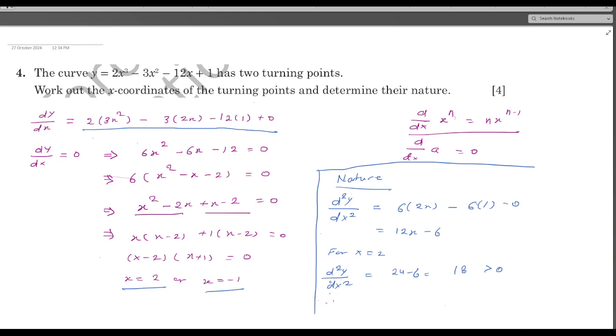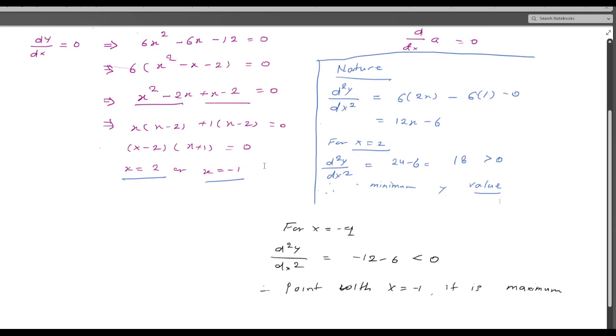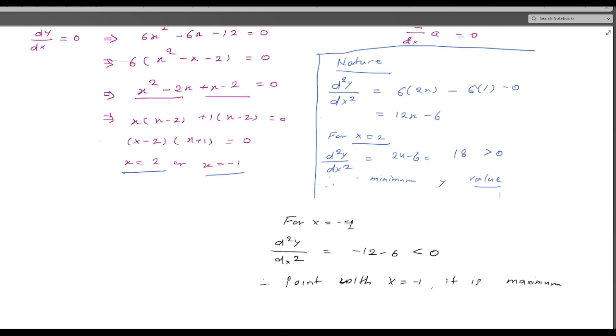So the nature of the turning point at x equal to 2 is a minimum, which indicates a lower turning point, or minimum y value.